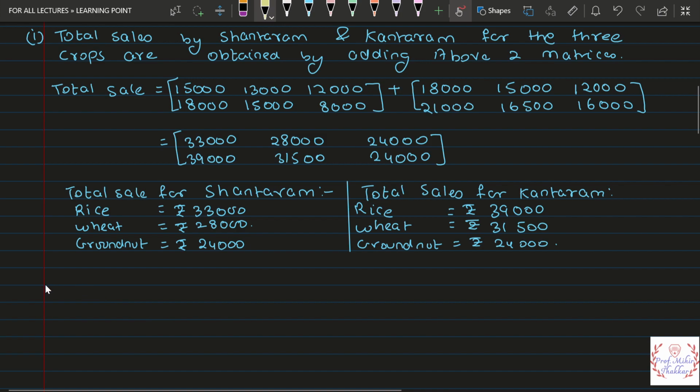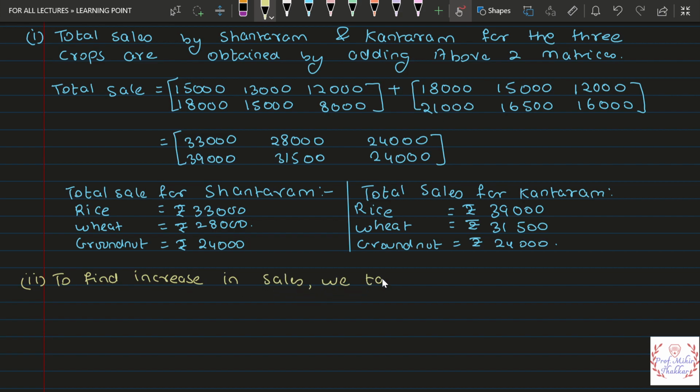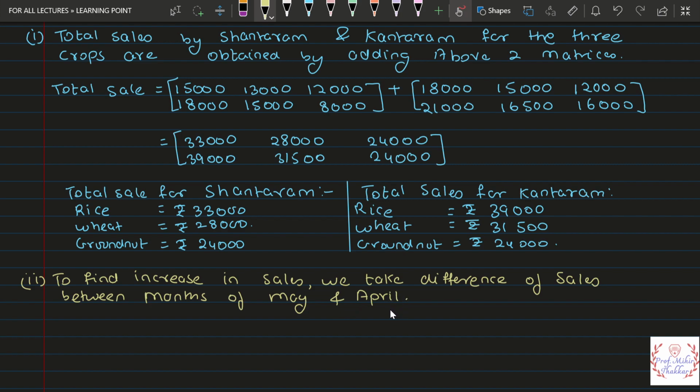When I want to find out the increase in sales, we say over here, to find increase in sales, we take the difference of sales between months of May and April.